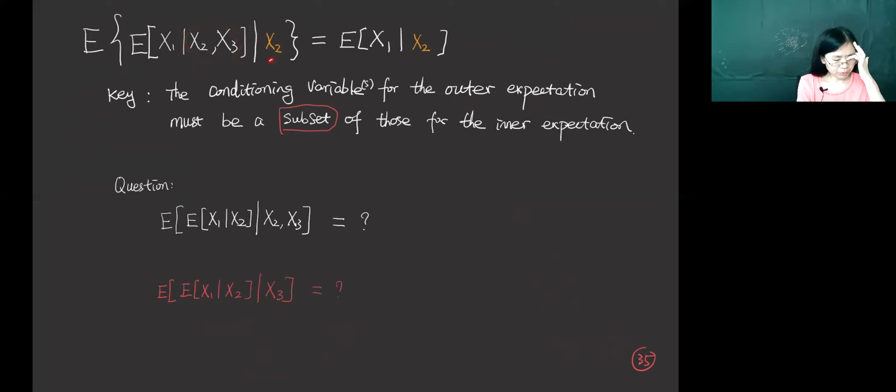So there should be fewer random variables on the outer and more on the inner. Fewer random variables means cruder information. We know less when we're calculating this outer conditional expectation, while the inner has finer information. And that is very important.